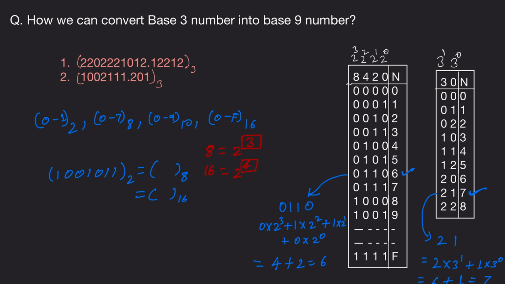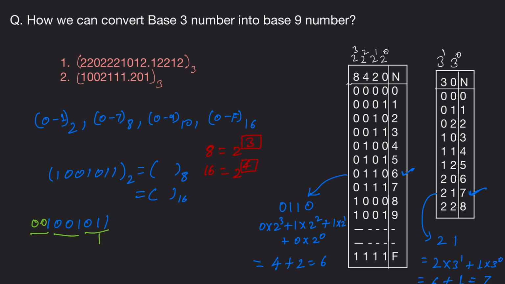So here we have a number, and we have to convert it into a base 8 number. For that we have to pair 3 bits, pair 3 bits. Here one is left, so add 2 more 0s and pair it with 3.